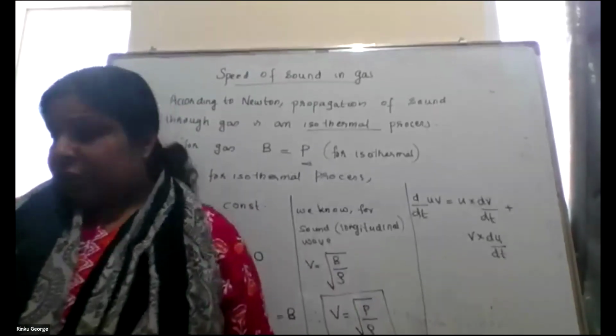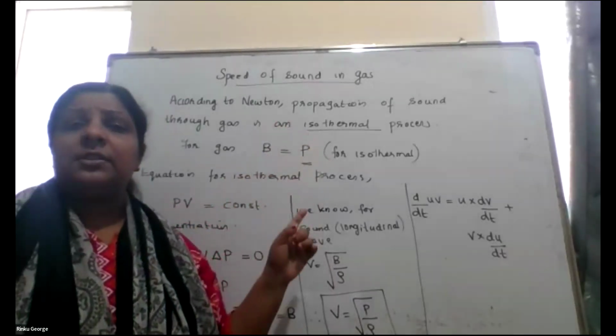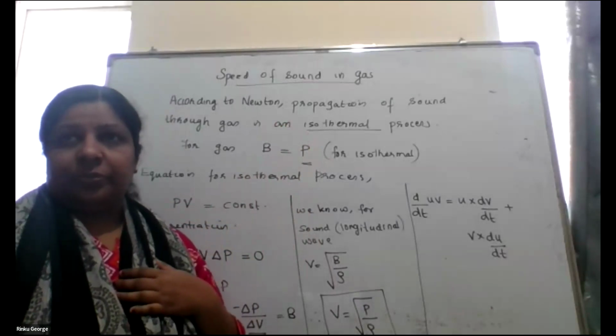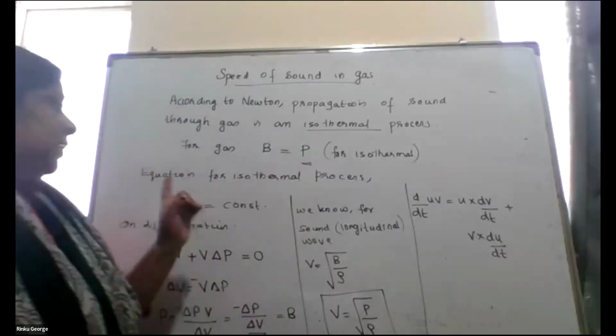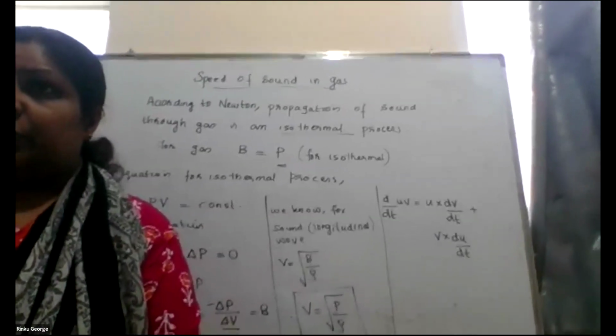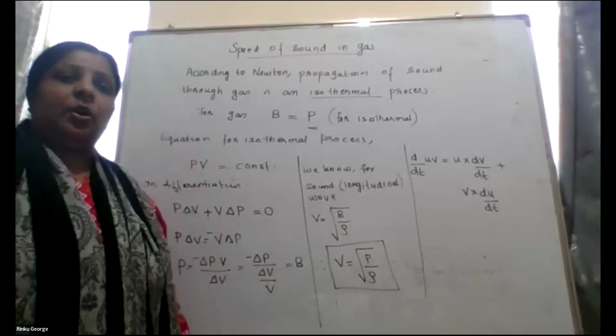For that, Newton assumed that the propagation of sound through a gas is an isothermal process. For an isothermal process, the equation is PV is equal to a constant.